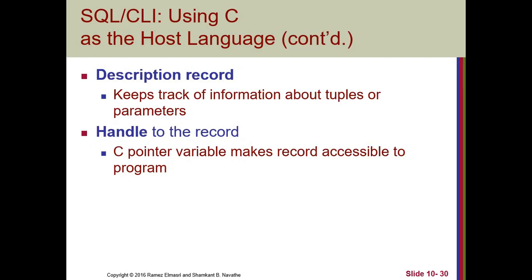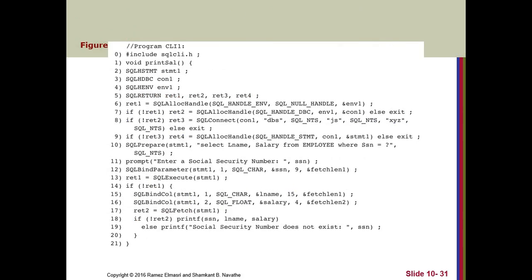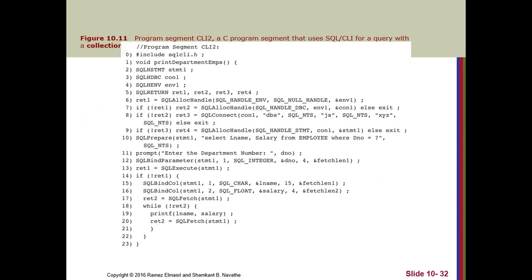We can access records if we need to do so using handle. Notice the differences in C code and Java code? Here, we have SQL C code running a query.